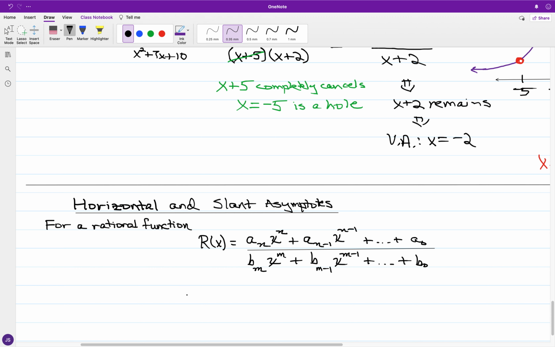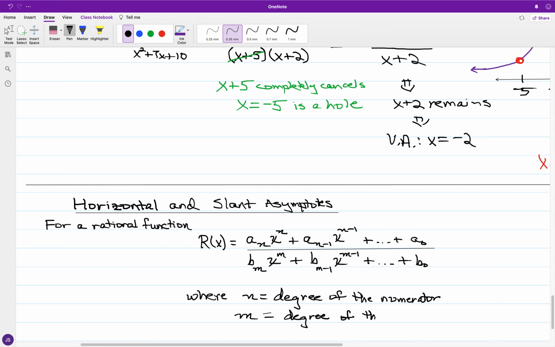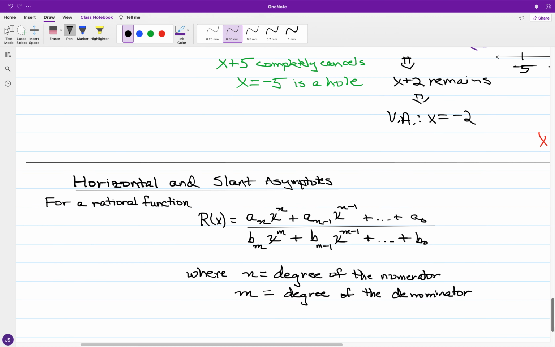And for this rational function, n is going to be the degree of the numerator, and m is going to be the degree of the denominator. So those are the opening defining characteristics.